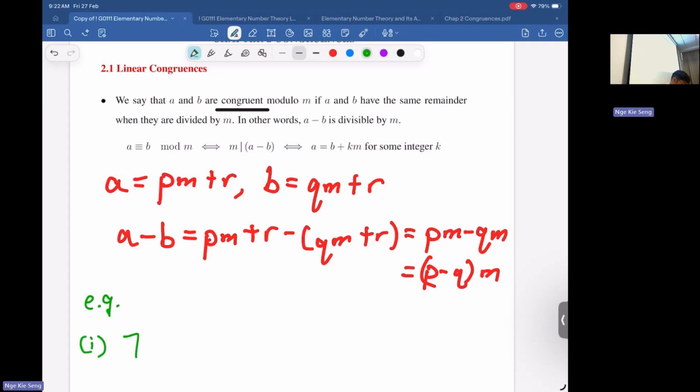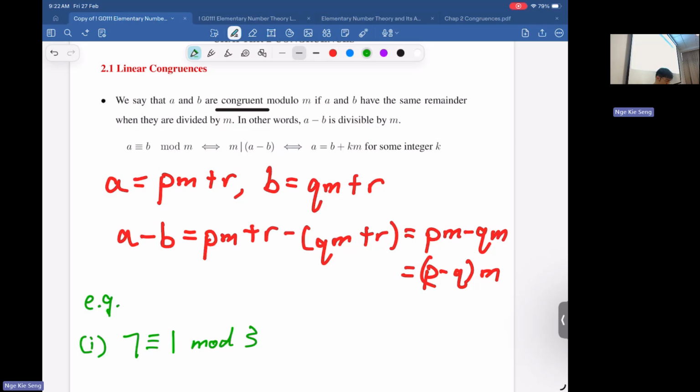Okay, so for example, 7 is congruent to 1 mod 3. Here for congruence we write a triple line. When we write equal, it's really equal, we say on the nose. They are the same number, but these two are not the same number. But after modding out by 3, they are the same.